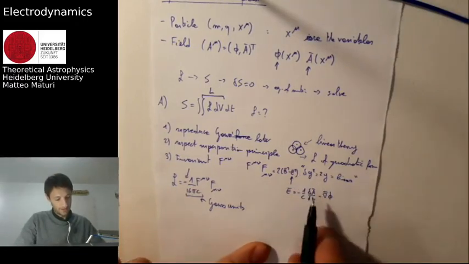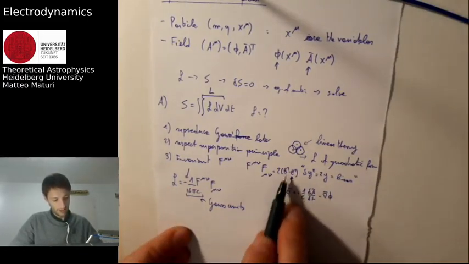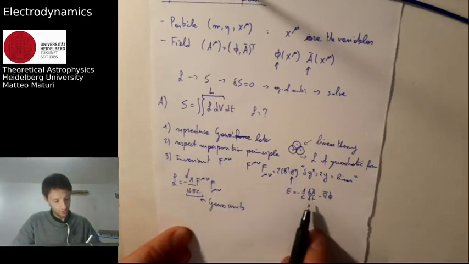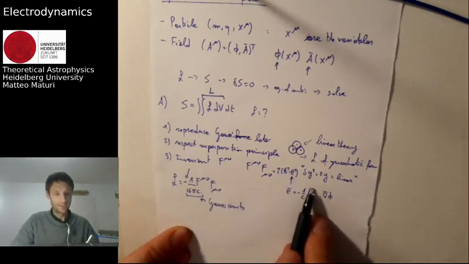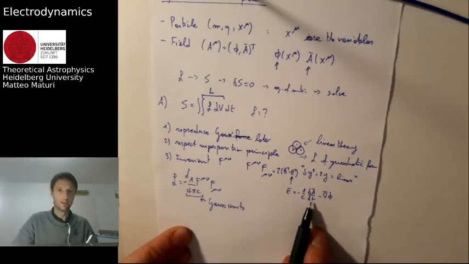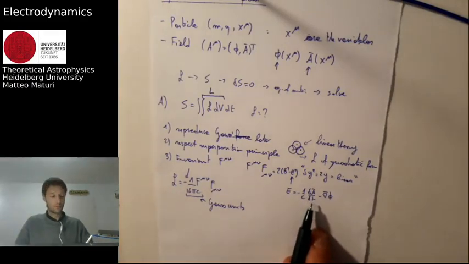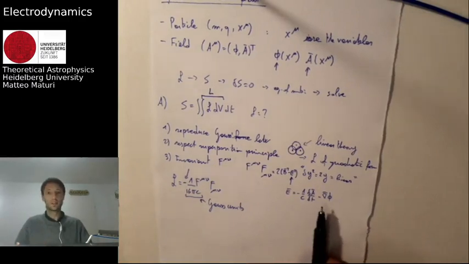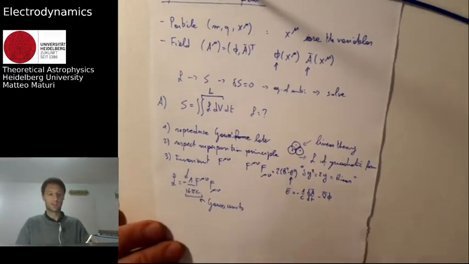It means that if we plug in our potential in here, we are going to have the square of a time derivative with respect to A. But in principle, we can have electric fields that are changing with an arbitrary velocity, and therefore the square of this derivative can be extremely large.